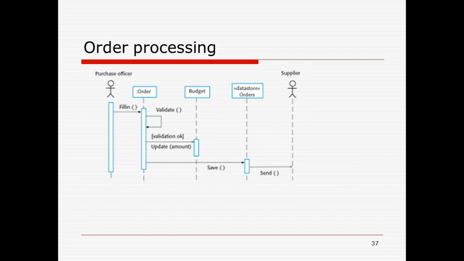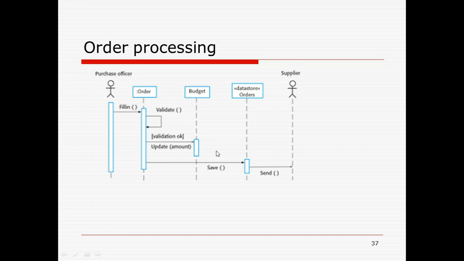Order processing can also be shown as a sequence diagram. Suppose, for example, the order processing sequence diagram. This also shows data-driven modeling, because the order is being processed. Here there is one actor, the purchase officer, and another actor, the supplier. The order form is filled up, then the form is validated, and if validation is okay, it goes to the object, the data budget.